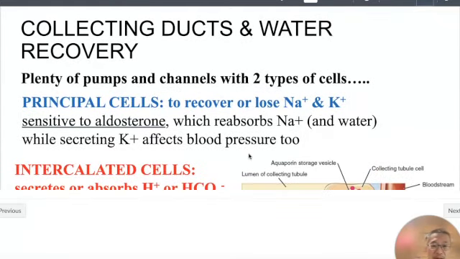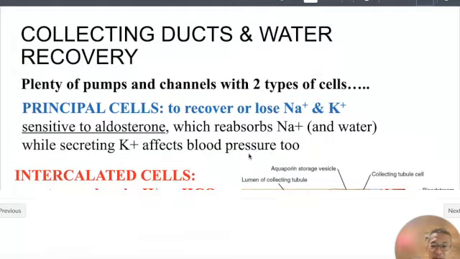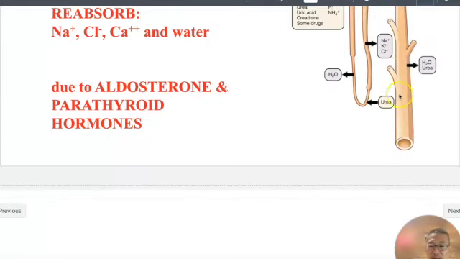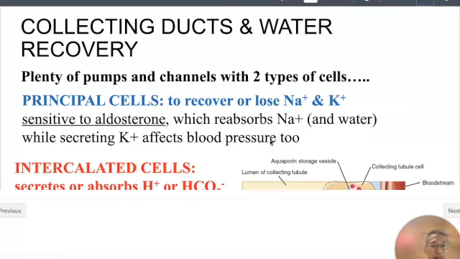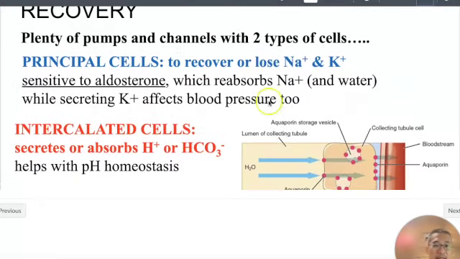Collecting duct and water recovery. So the collecting duct is down here. Very little reabsorption as well, just the remaining little bit left over. Plenty of pumps here. There are two types of cells. Principal cells recover lost sodium and are sensitive to aldosterone.